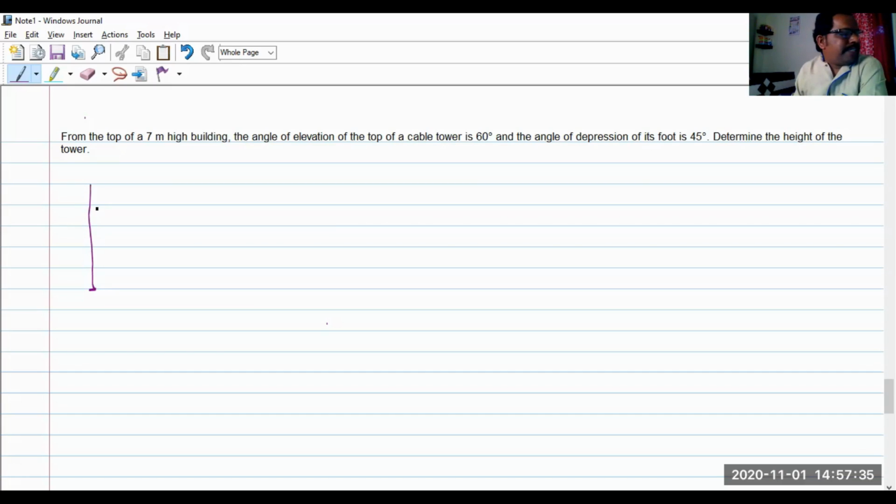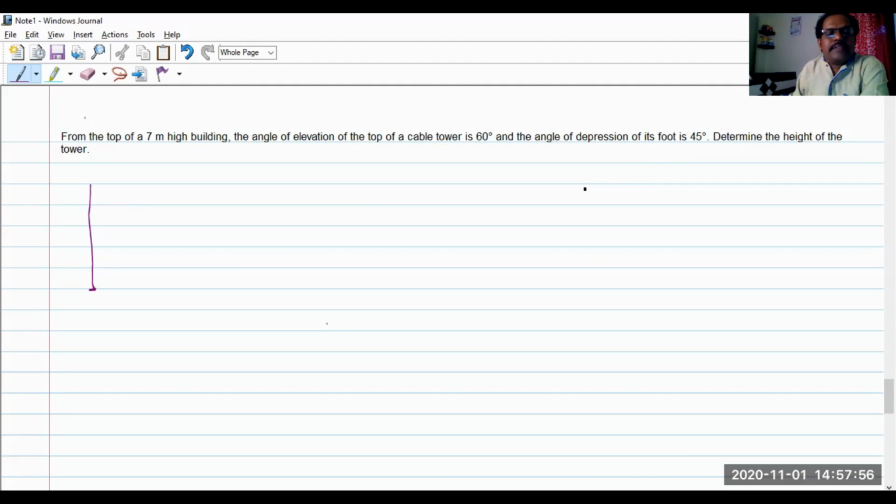So here you are given a 7-meter high building. The angle of elevation to the top of the cable tower is 60 degrees and the angle of depression of its foot is 45 degrees.